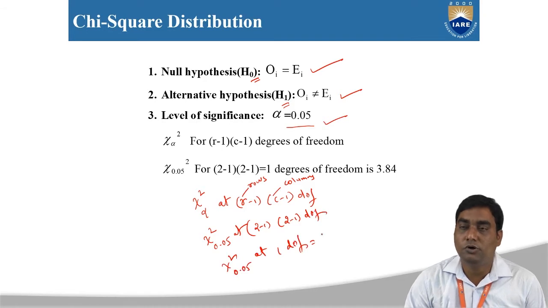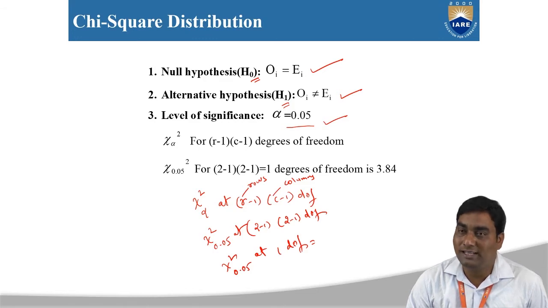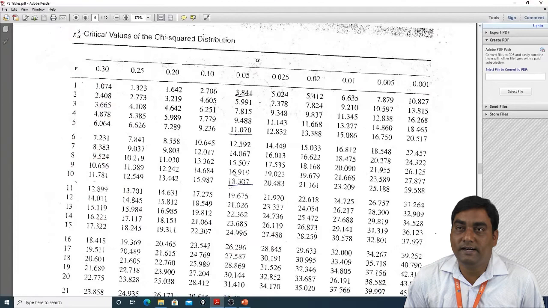This value we choose from the chi-square distribution table. I'll show you what chi-square 0.05 at 1 degree of freedom is from the chi-square distribution table. This is the chi-square distribution table, at alpha 0.05 and 1 degree of freedom. These are the degrees of freedom, nothing but the total number of independent variables.